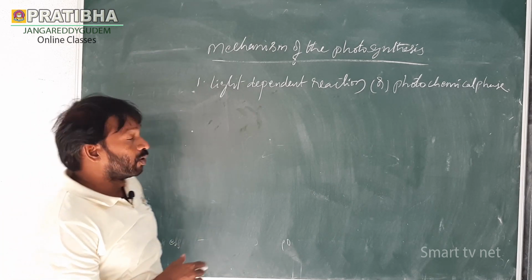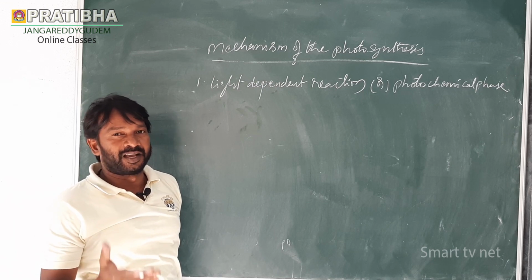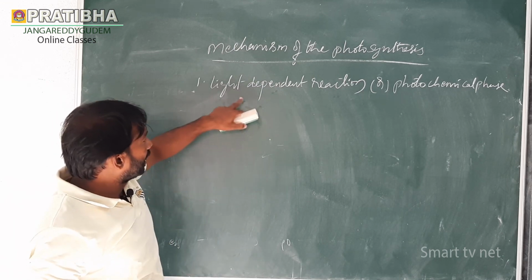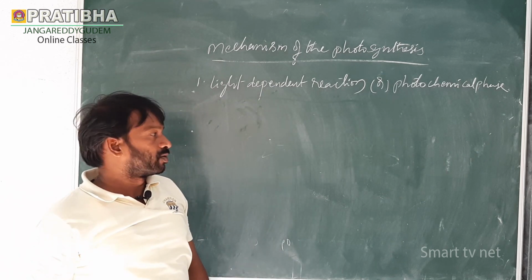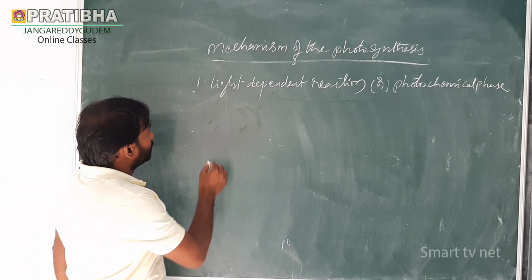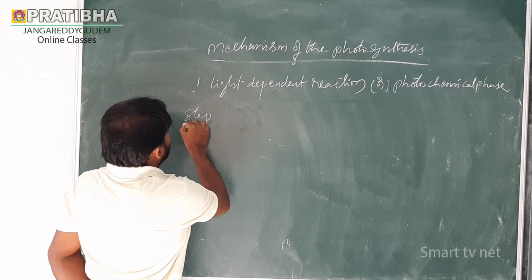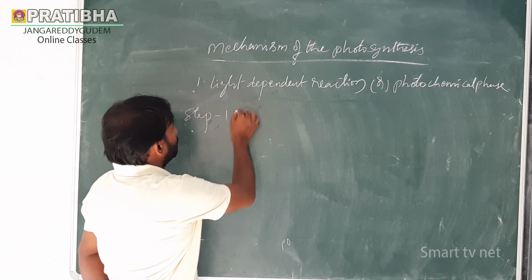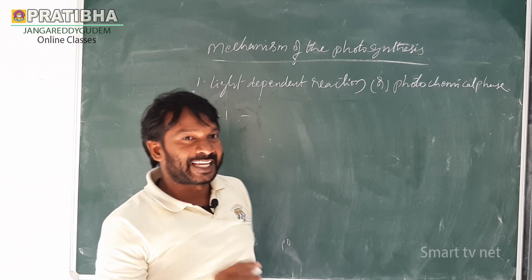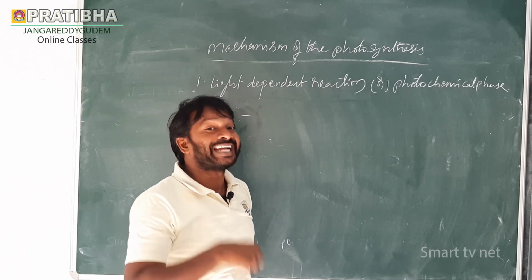Also, chlorophylls are present on the thylakoids known as the grana of the chloroplast. In the light dependent reaction there are many steps, but here I will tell 3 steps. Step 1: chlorophyll pigments are exposed to sunlight and activated.